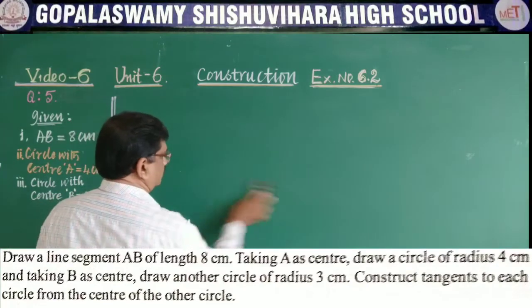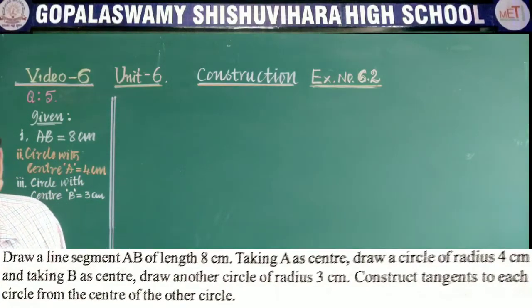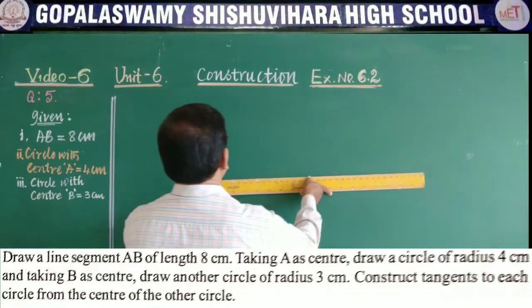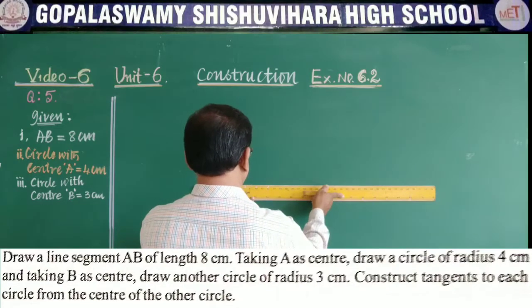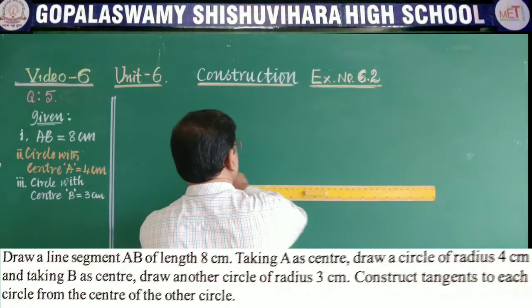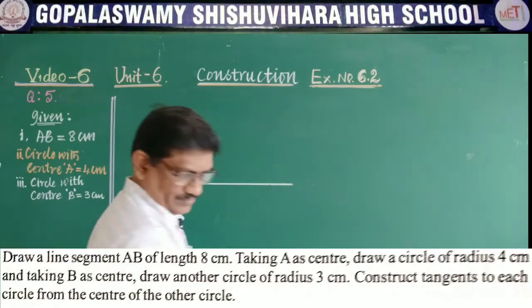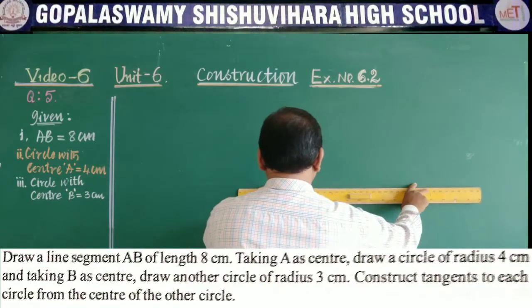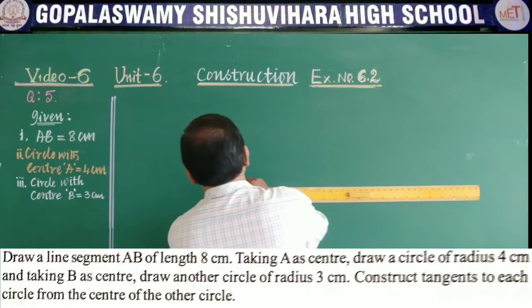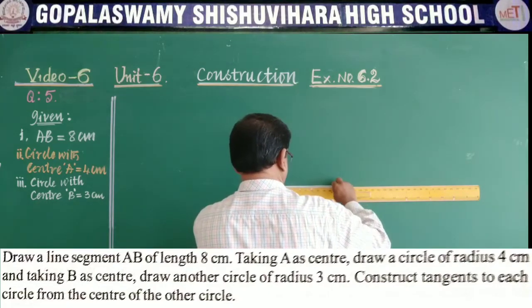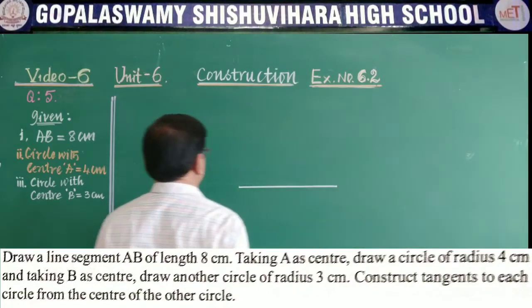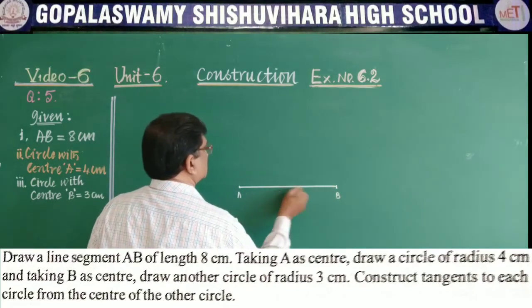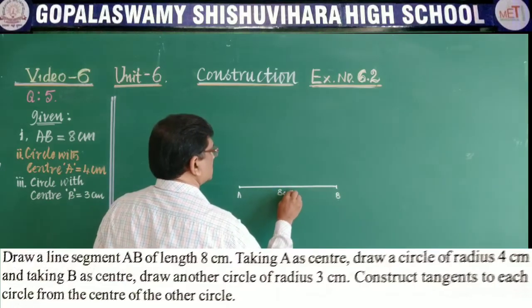First, draw a line segment that is equal to 8 centimeter. So here is A and this is B. The distance between them is 8 centimeter.